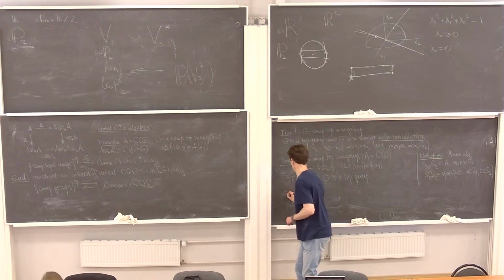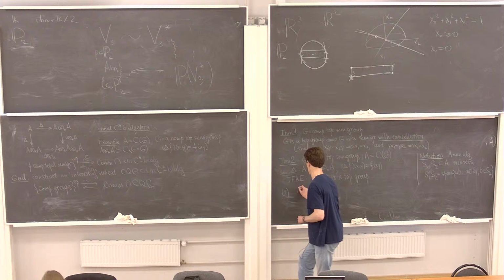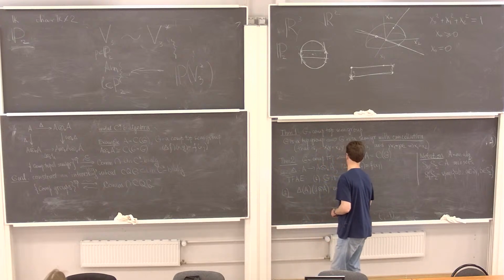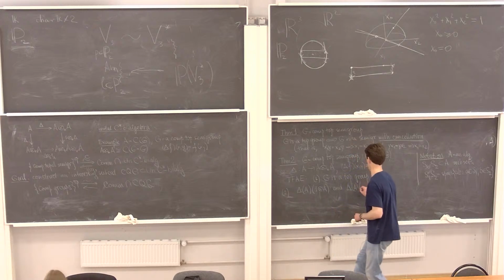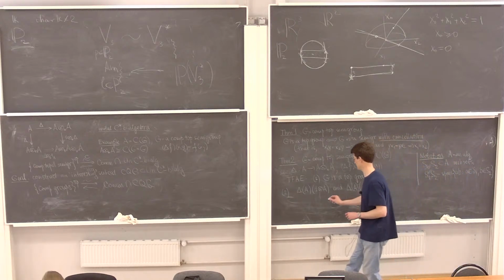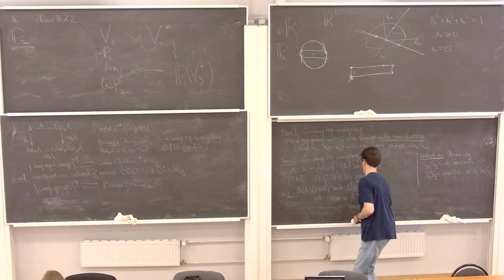And condition 2: the following two subspaces, delta of A multiplied by 1 tensor A, and delta of A multiplied by A tensor 1, are both dense in A tensor A, in the minimal C-star tensor product of A by itself.